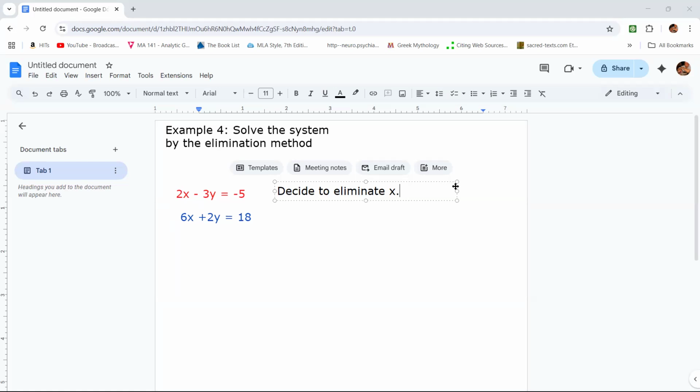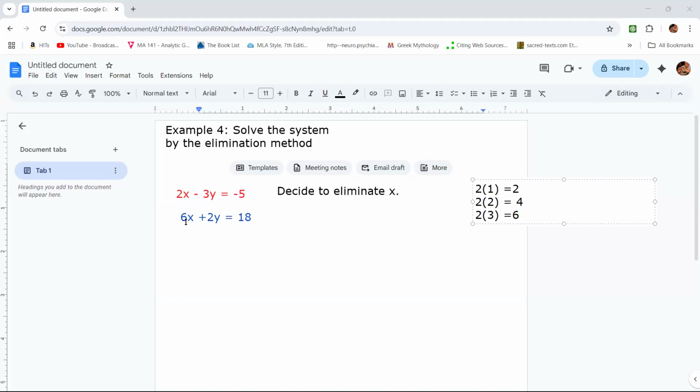So for example, we know that 2 times 1 is 2. 2 times 2 is 4. 2 times 3 is 6.